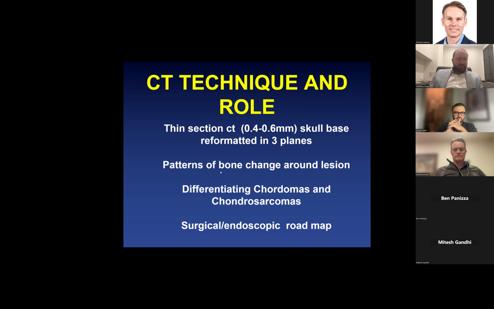It also looks at matrix mineralization, which gives you a clue as to what the lesion might be. And the site of origin of a lesion may help differentiate chordomas from chondrosarcomas, and that's the main feature we use for differentiation. And it provides a surgical and an endoscopic roadmap, which is easier to use than MRI.